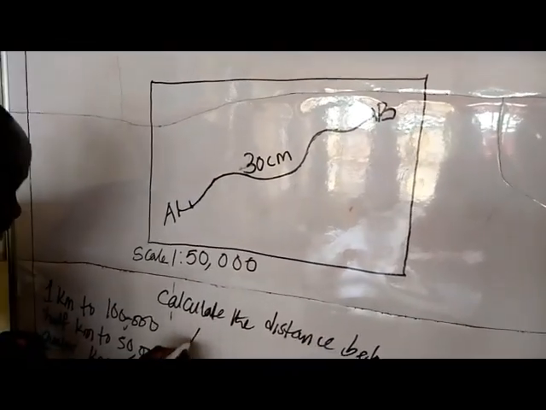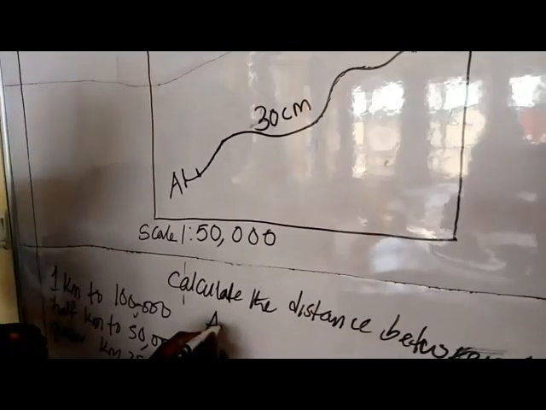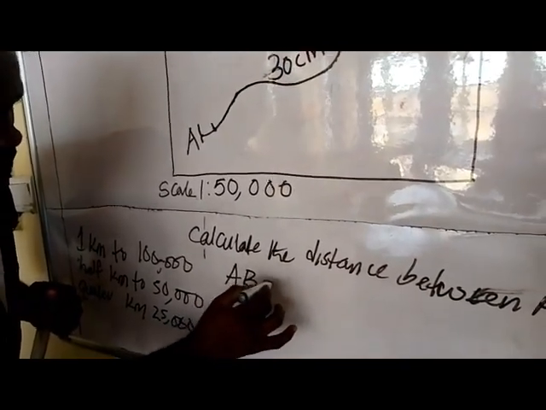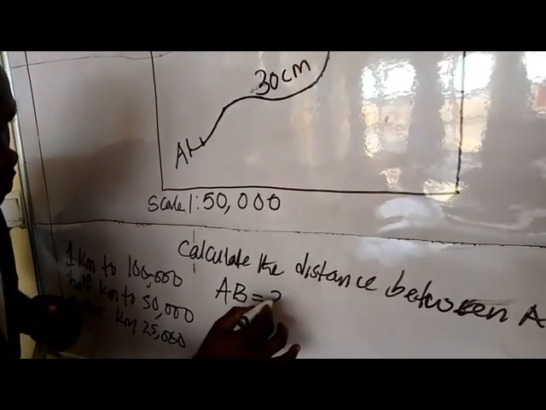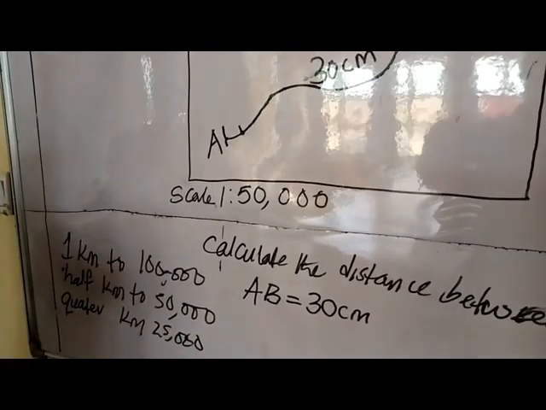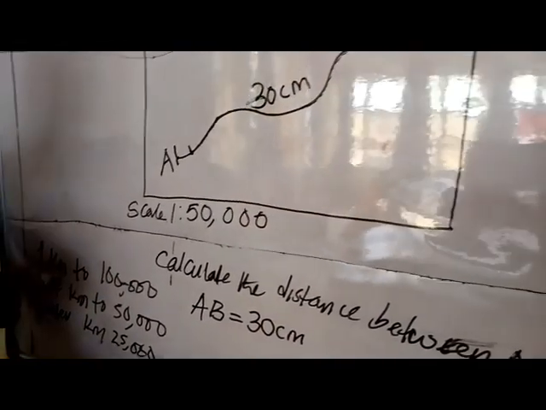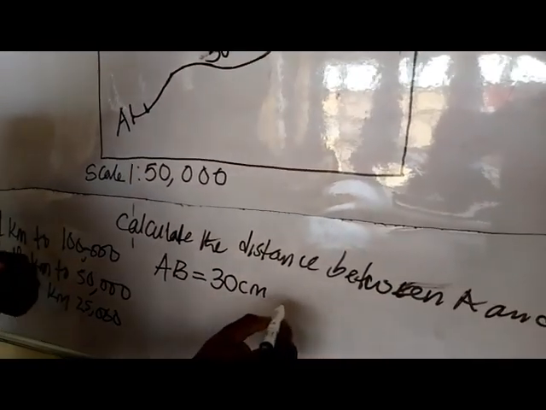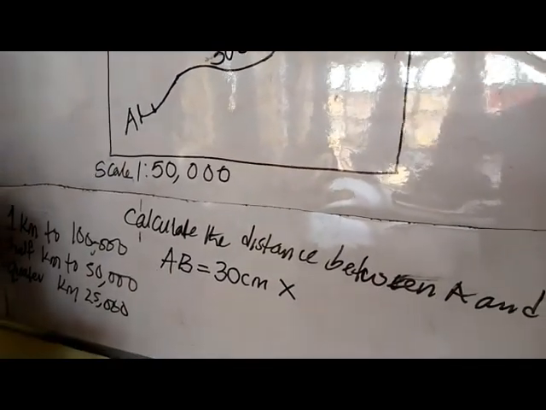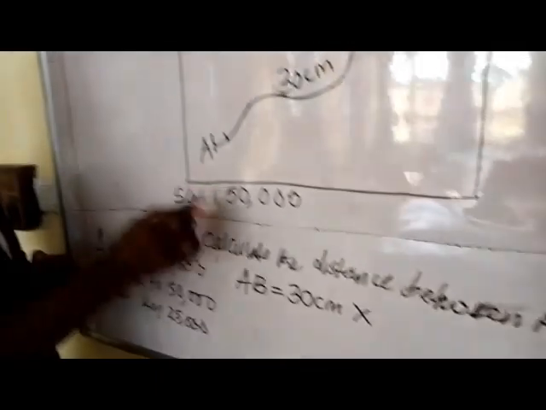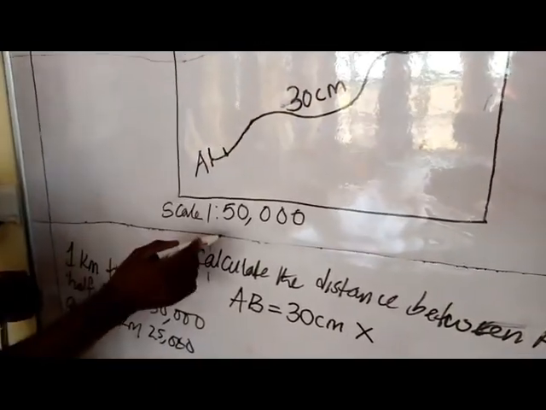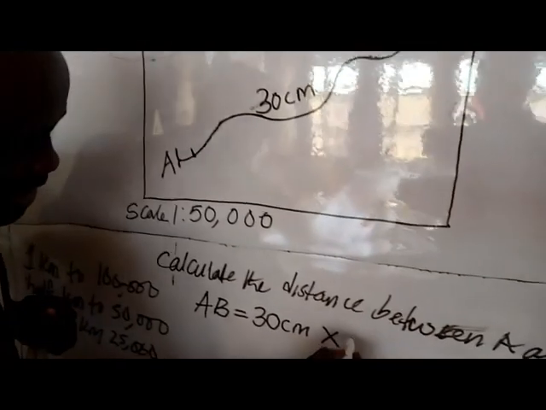It means you now say AB is equal to 30 centimeter times, what is our scale? Which is 1 ratio what? 150,000. 150,000 is what we are to take here.